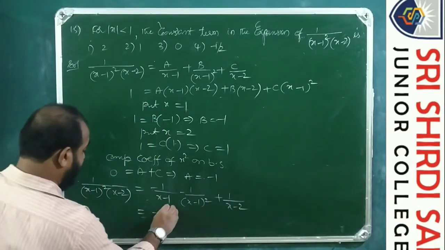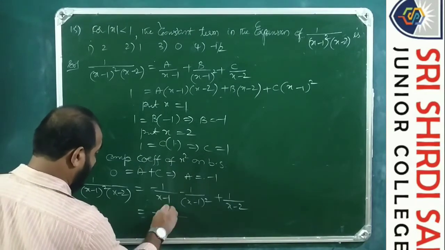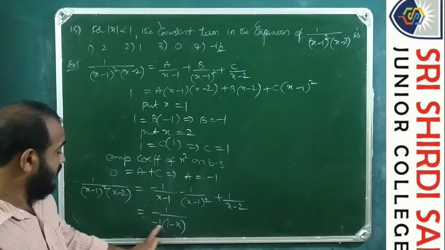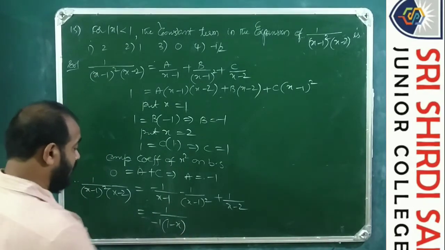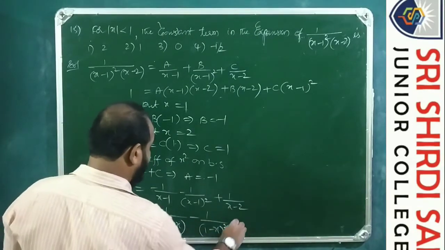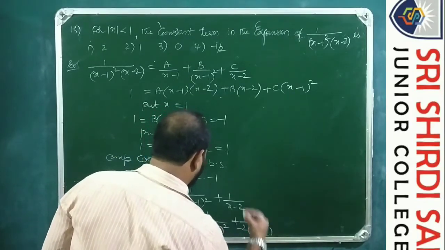So this is minus 1 by, minus 1 if you take common, then this is 1 minus x. Minus 1, minus into minus plus 1x. So this is 1/(1 - x)² plus this is 1/(-2(1 - x/2)).